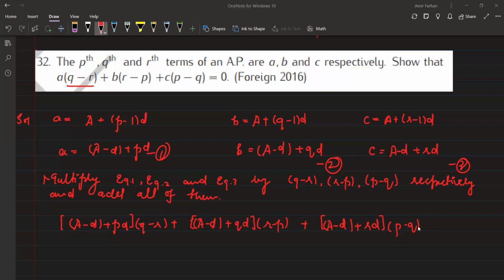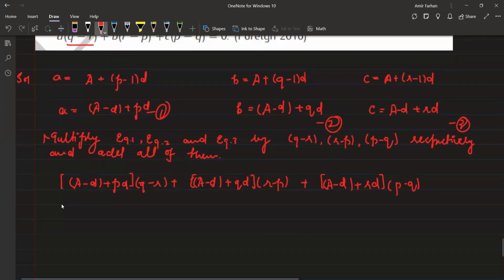Okay, so after adding, let's multiply these terms.